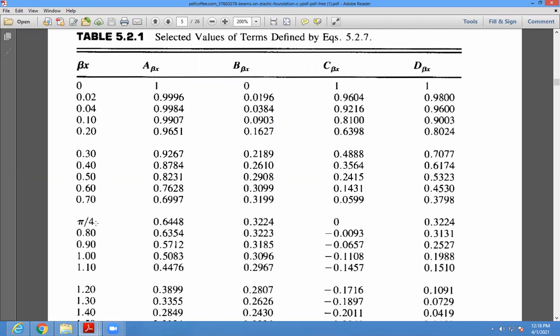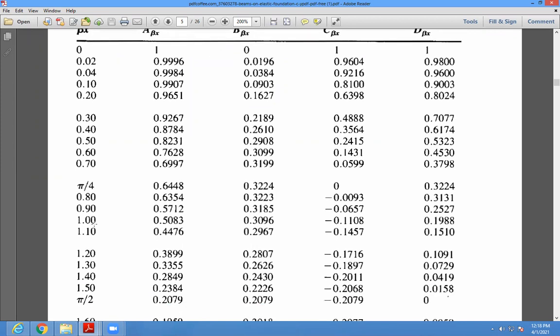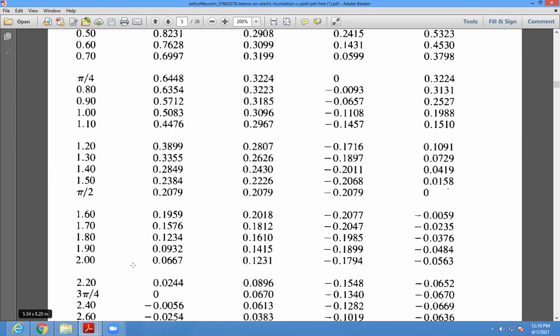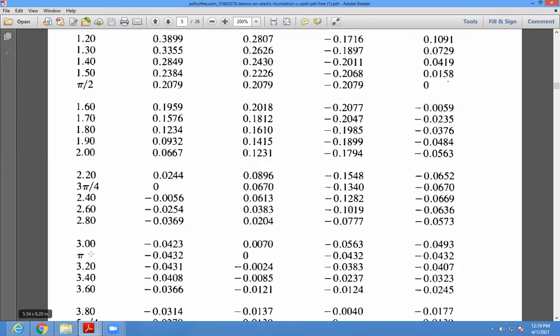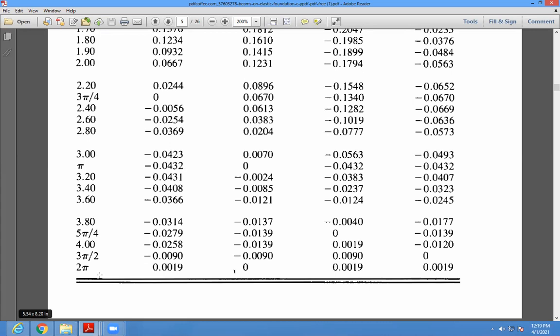Like that at pi by 4, A beta x is 0.6648, B is 0.3324, C beta x 0, then D beta x is 0.3324. Then at pi by 2, 3 pi by 4, pi, 5 pi by 4, 3 pi by 2, 2 pi.